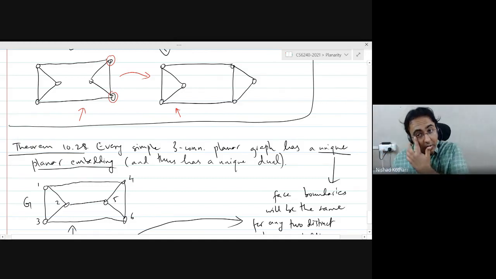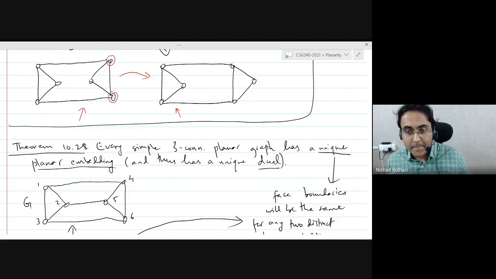Here I can talk about the dual, although I don't have a plane graph, because I have a unique embedding. So I'll take that embedding and then I'll take the dual of that, and I can regard that as the dual of the original abstract graph, because for any two drawings I will get the same plane dual, right?